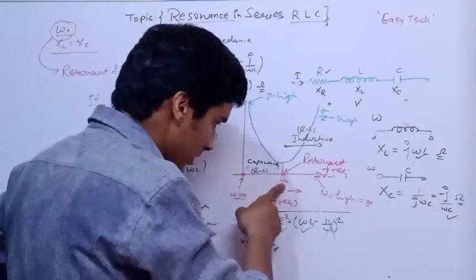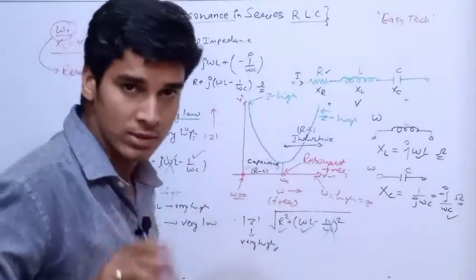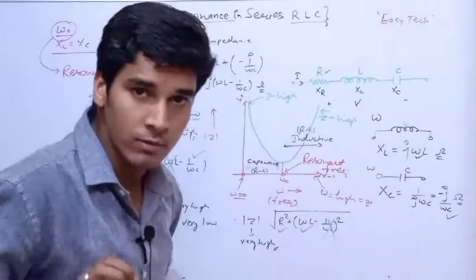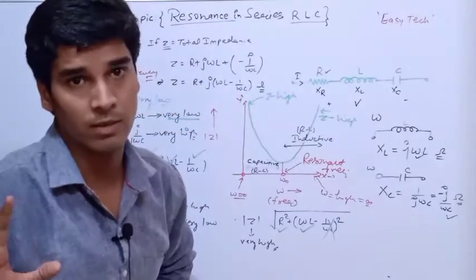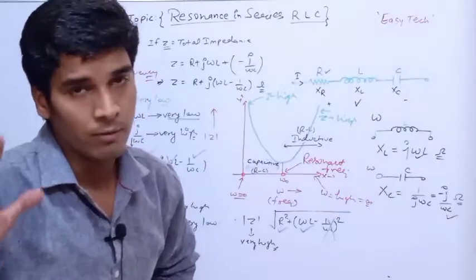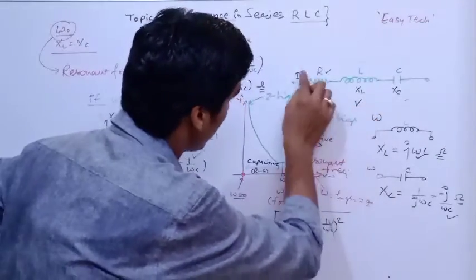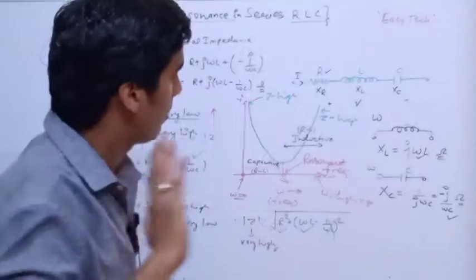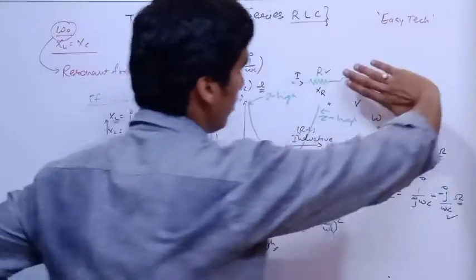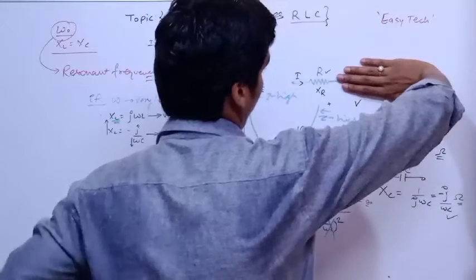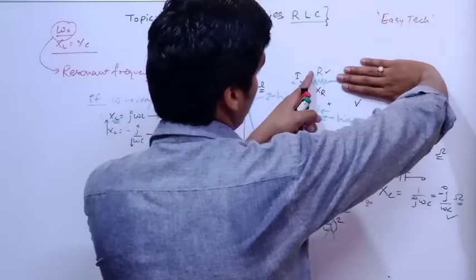At this resonant frequency the circuit behaves as a pure resistive network, and in a pure resistive network the power factor of the circuit is always unity. What about the phase difference between voltage and current at resonant condition? At resonant condition this term will go and your circuit will only contain resistance.